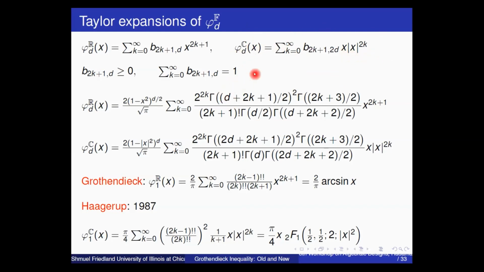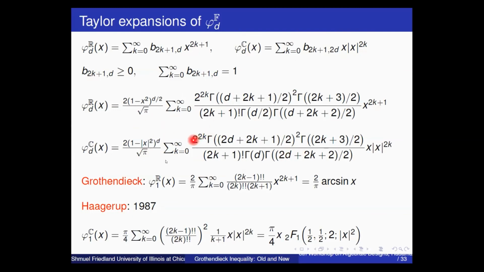Although it is over the complex numbers, this function actually has real values. The point is that this function has non-negative coefficients that sum to 1, and here is the expression with the gamma function.